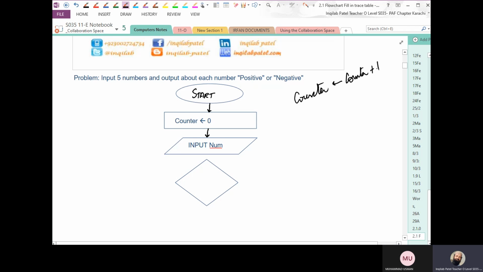So it means you are asked to add 1 in a counter. If there is nothing stored in counter, then our algorithm cannot perform this calculation. There should be some value in which we can add 1. So it is compulsory.